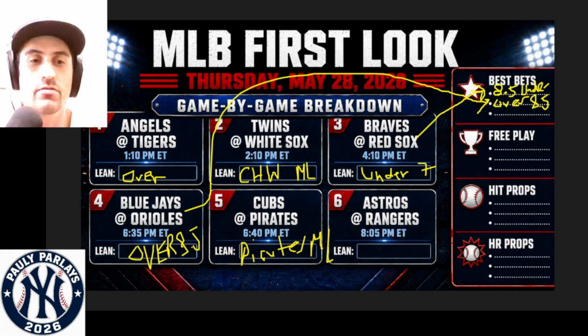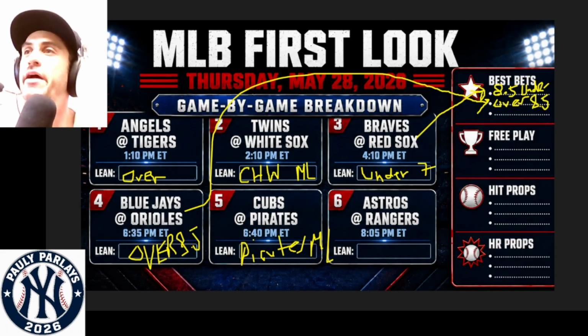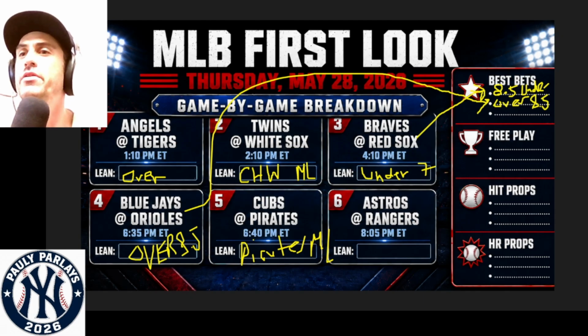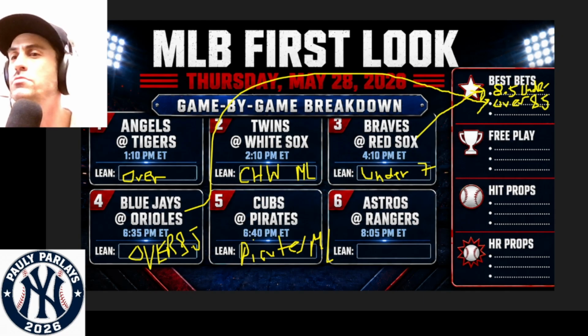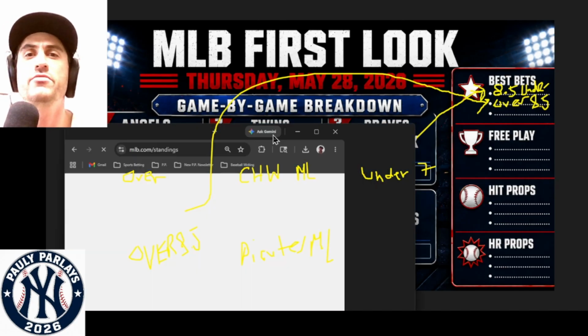Well, let's look at it, shall we? Let's look at the data. I don't want to pull something out of my ass. The Cubs are 5-5 in their last 10, 3-2 in their last 5. I don't believe that's totally accurate. Just a quick look at the standings.